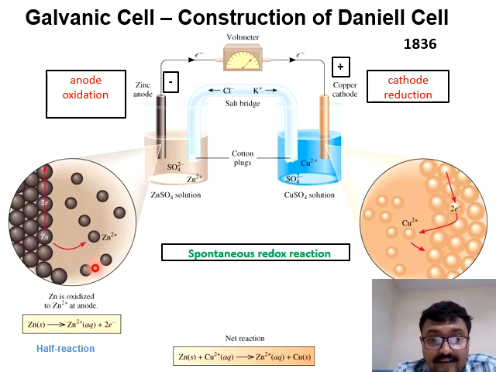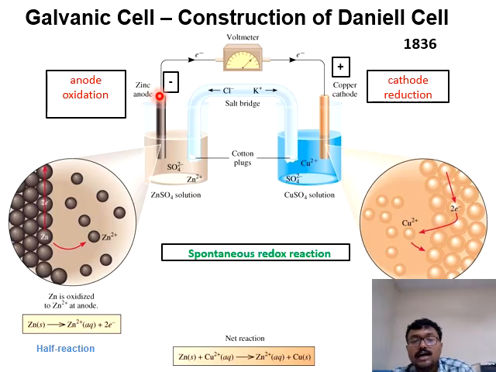The reaction at the left hand side electrode and the reaction at the right hand side electrode are called half reactions. If we combine these two half reactions, we get the net reaction: zinc plus copper 2 plus forms zinc 2 plus and copper. So zinc releases electrons at this electrode and comes into solution as zinc 2 plus, so this electrode will be rich in negative charge.